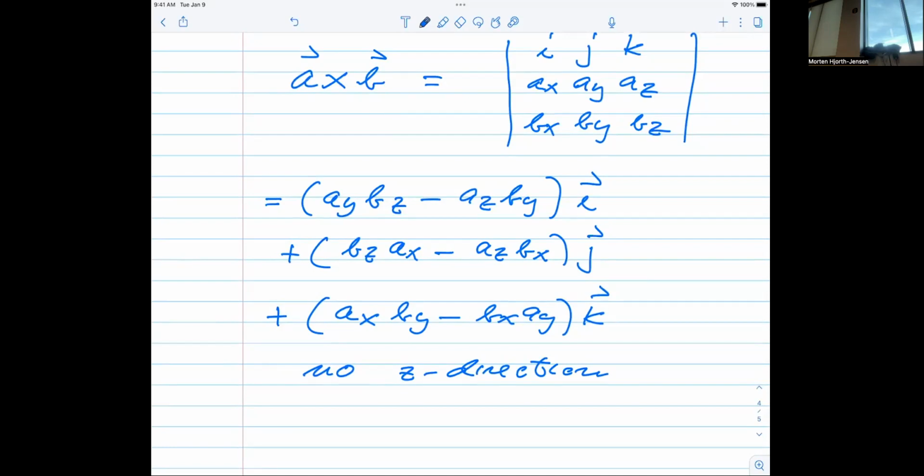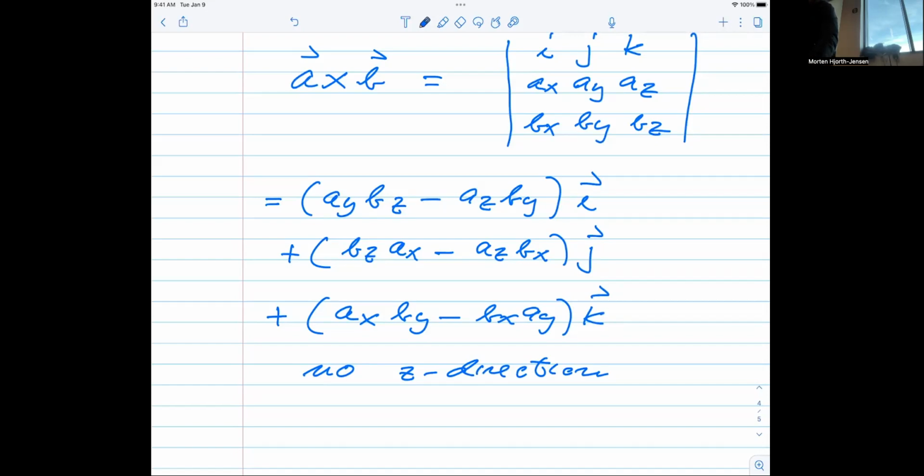So if we let position and momentum be in the xy plane, then clearly the only component which survives is the z component, right? So if you have a coordinate system like that, where you can place the vector in this specific way, then you don't need to calculate the two first terms. So here nothing happens in the z direction. So that means that all the components which have z here, they just disappear. So we're just left with the z direction, the vector multiplied with the unit vector k.